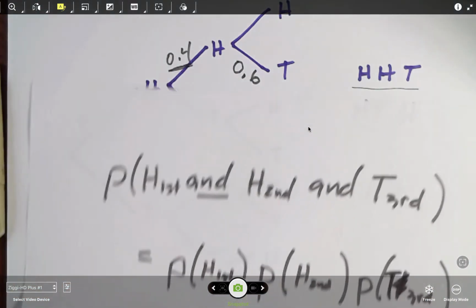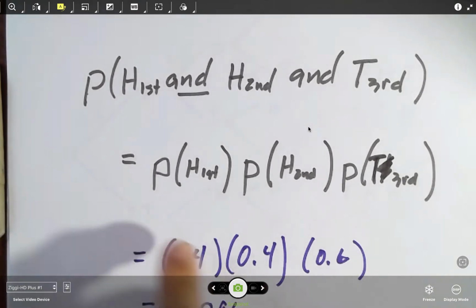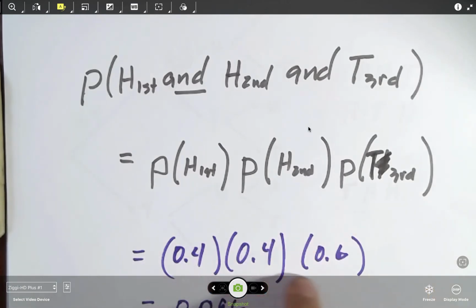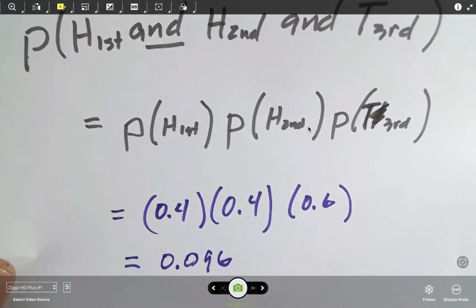Find the probability of that outcome. Since, again, they're independent events, we can just multiply the probabilities. So we're going to get 0.4, 0.4, 0.6. So this is the probability of getting 2 heads, rather, 0.096.